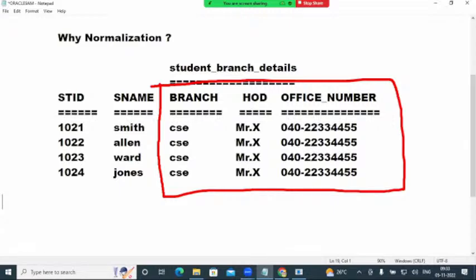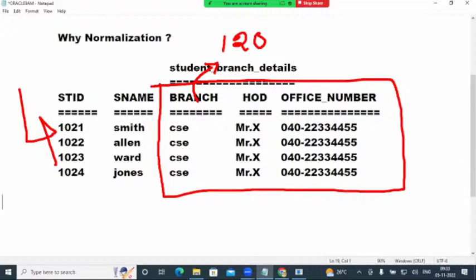So this is just for how many students I stored here? Only 4 students. For example, in our college, in my CSC branch, there are 120 students now. Imagine, 120 students.